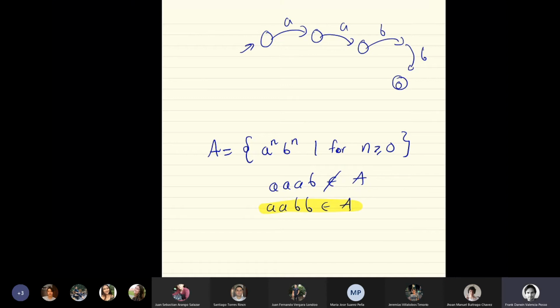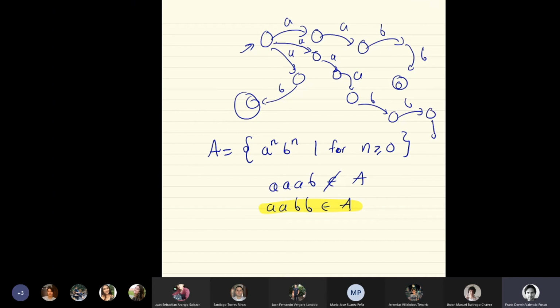And you can make another automaton that recognizes the same one and ab. So that automaton recognizes ab and aabb. And I can continue doing this, aaabbb.